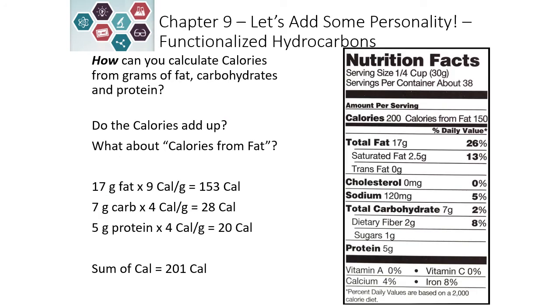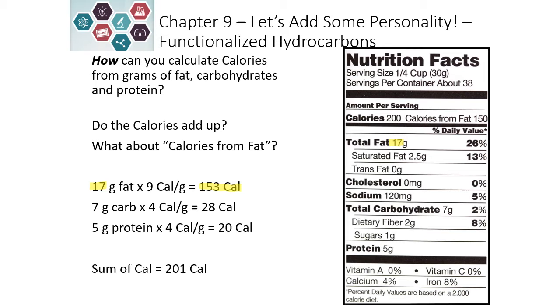So if we look at a food label, we can figure out how many calories, and we can figure out if they add up. So if we look at our label and we look at the fat, so 17 grams of fat from the food, if we multiply that by 9 calories, that gives us 153 calories from the fat. Okay.